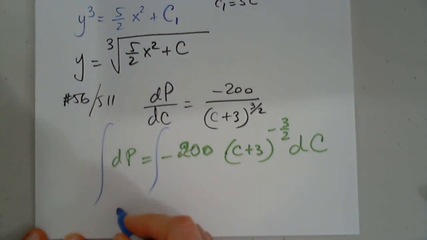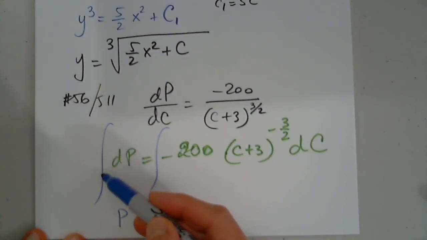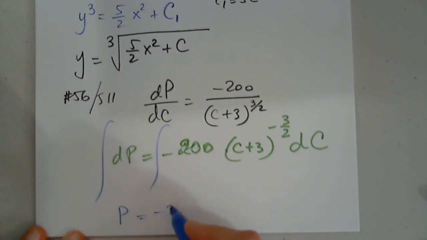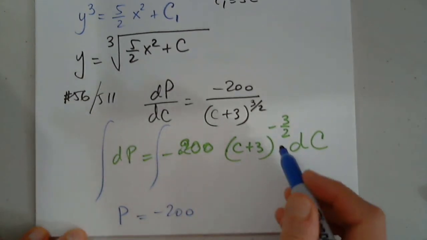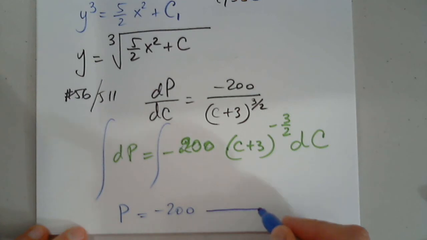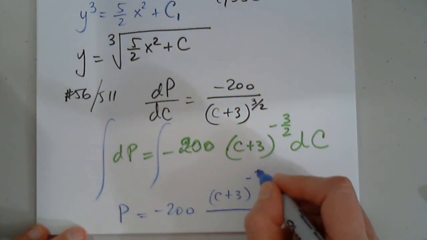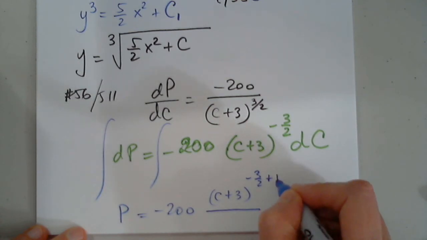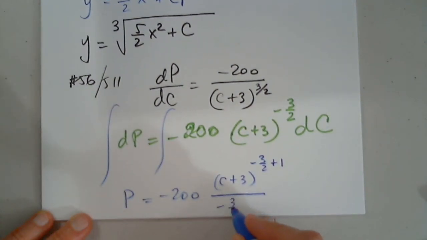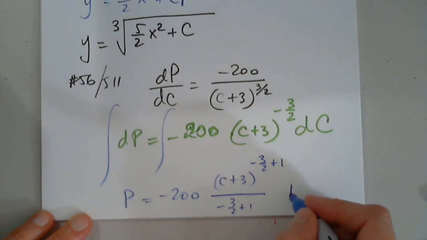dP is P. P prime is 1. So that equals negative 200, and what do we do with this? Remember, it's C plus 3 to negative 3/2 plus 1 over negative 3/2 plus 1, of course, plus a constant.